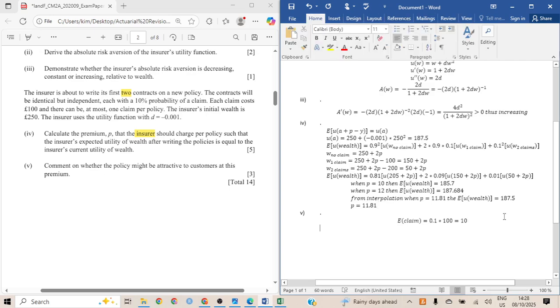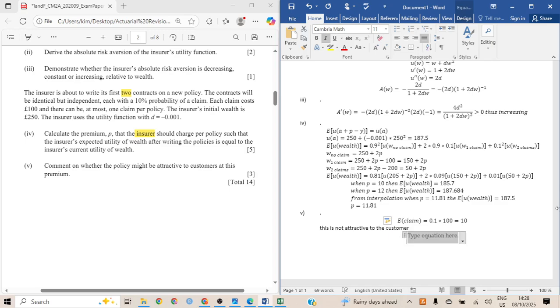Good. So now we are paying a premium of 11.81, but our expected loss is 10. So this is not attractive to the customer. The premium charged is higher than the expected loss.